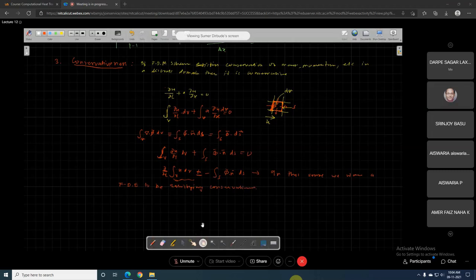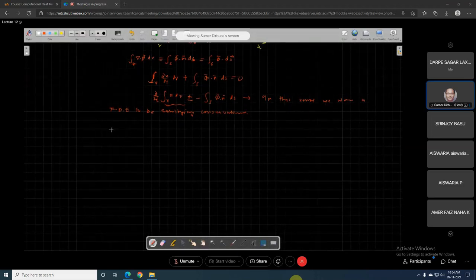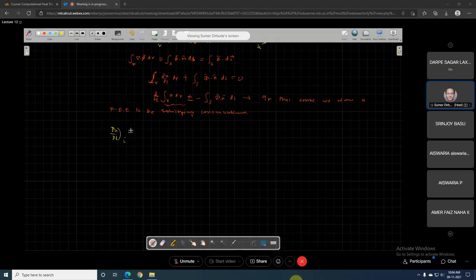Okay, conservativeness. Suppose you consider any scheme, say for del u by del t. If I take the expression u del u del x, and calculate this at I, then I can write (ui^(n+1) minus ui^n) by delta t.